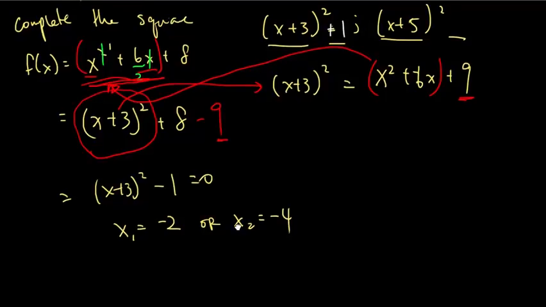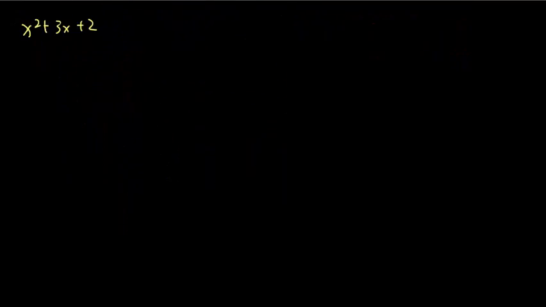Now let's look at another example. Let's look at this simple equation. Again, we're going to solve this by completing the square. Again, we drop the x, we drop the 2, and then we square the whole thing and halve this number.